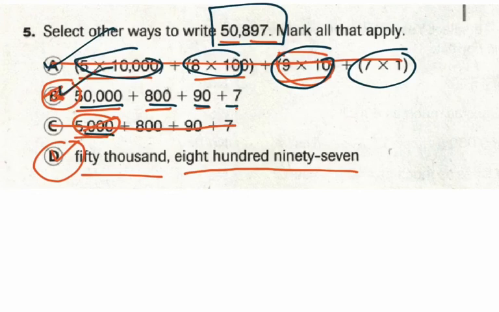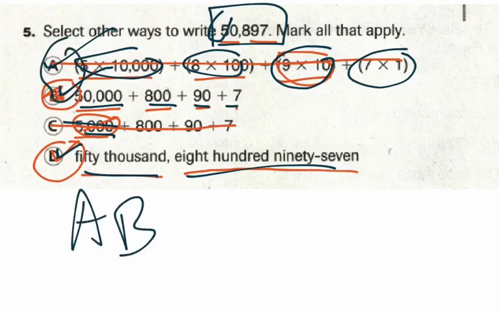C is 5,000, so that's 50,000, so that's not correct. And D is 50,897, so that should be correct. So from these ones, looks like we have 3 answers. A, B, and D are correct.